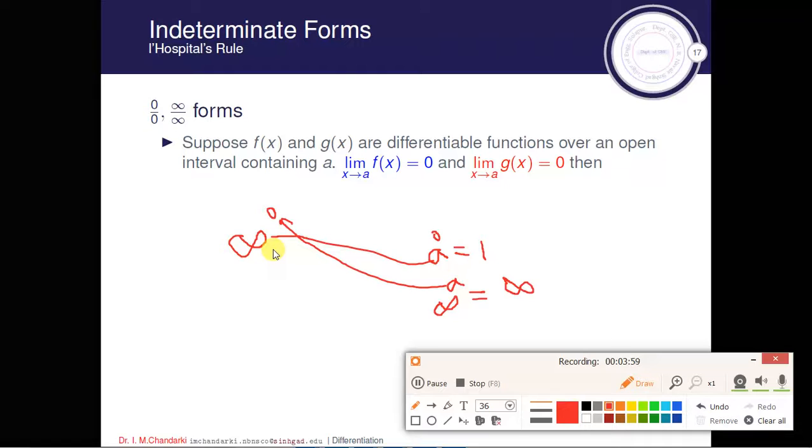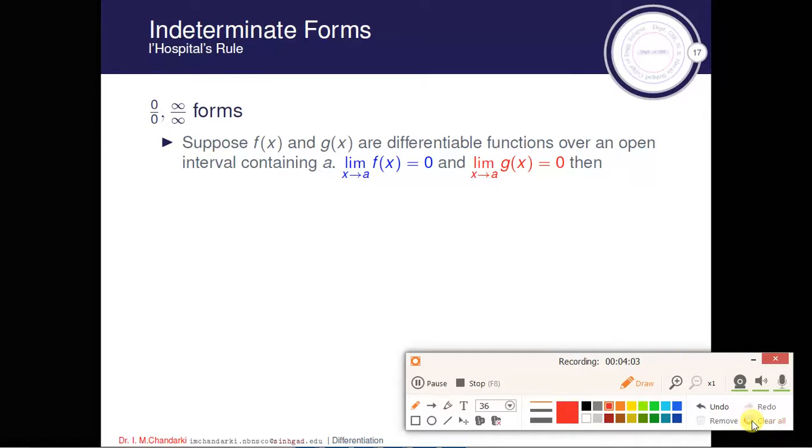So in that way you can recognize various indeterminate forms. There are so many indeterminate forms, like 0 by 0, infinity by infinity, infinity minus infinity, and 0 into infinity. All these are indeterminate forms. 1 raised to infinity is also an indeterminate form: 1 raised to infinity is 1, and anything raised to infinity is infinity, so it has two values.